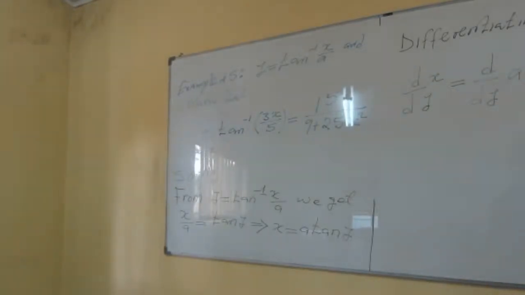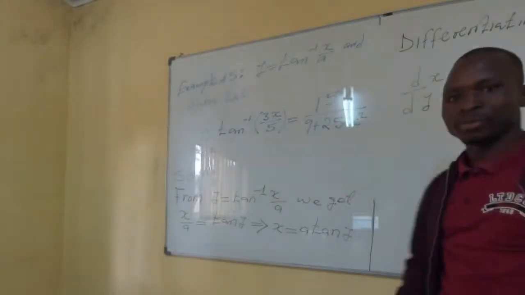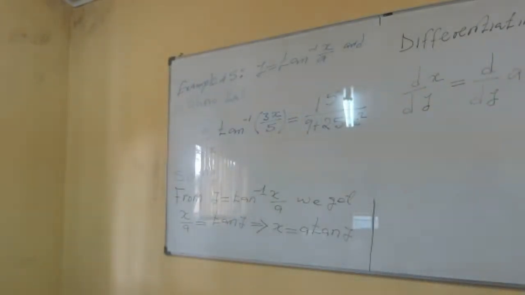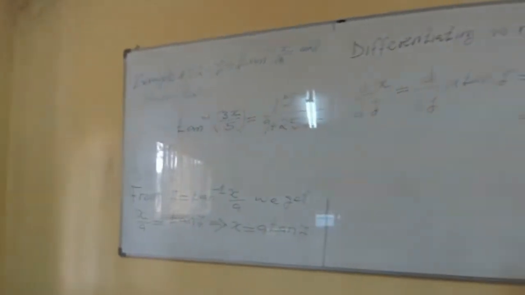The derivative of the tangent function gives us what? The derivative of tan y is sec squared of y.